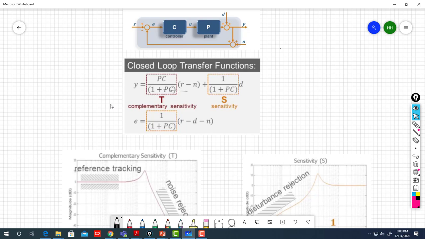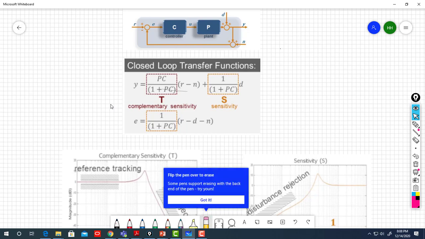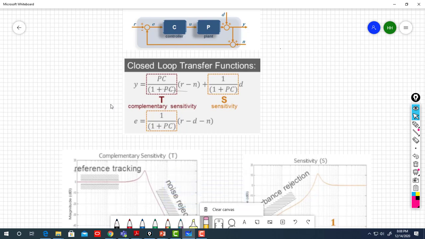So then, if you remember, this transfer function for the reference, what was it? It was forward over 1 plus loop.